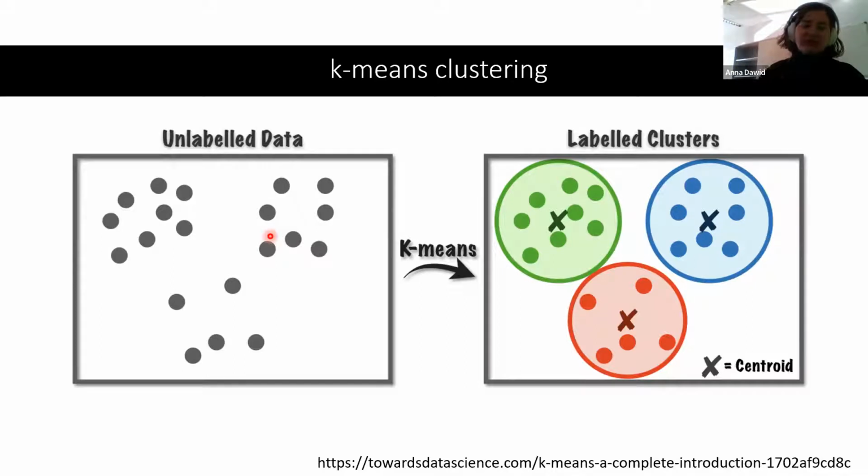You do it until you stop shifting your centers and the set of points assigned to each cluster stops changing. So you finish with this kind of labeled cluster image. This is the first approach that we used. But for now, I will focus on methods, and then I will show you what we got from these approaches.